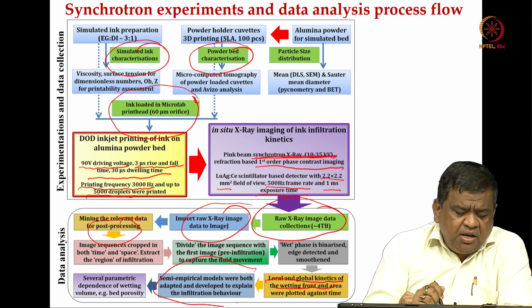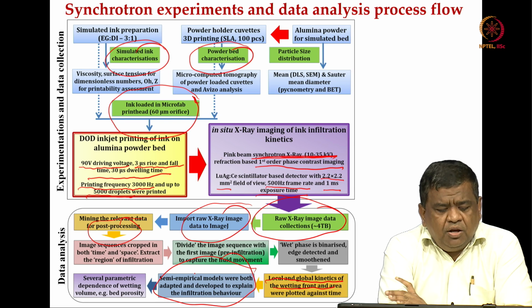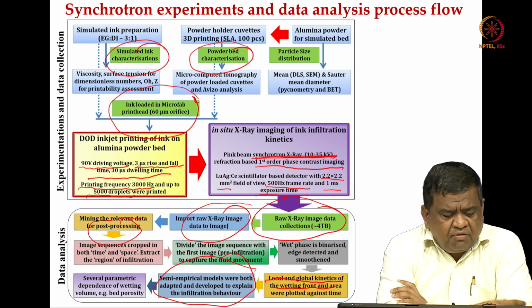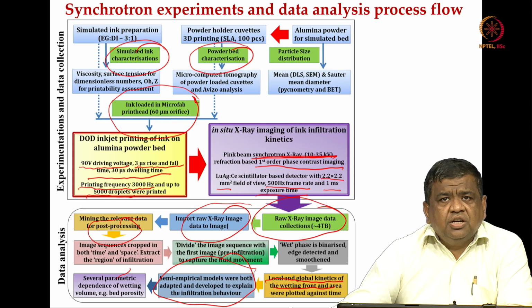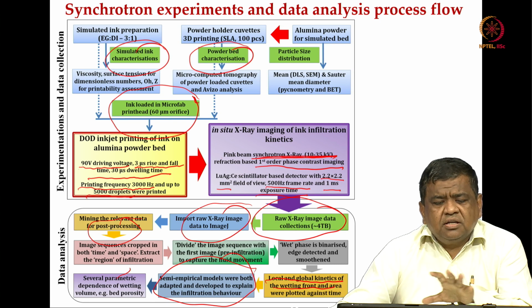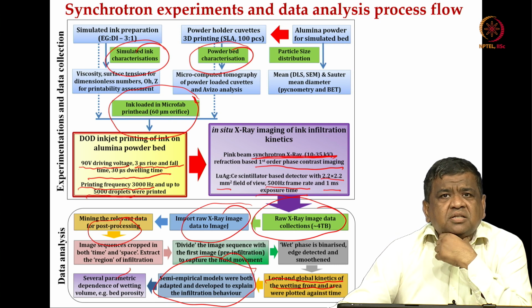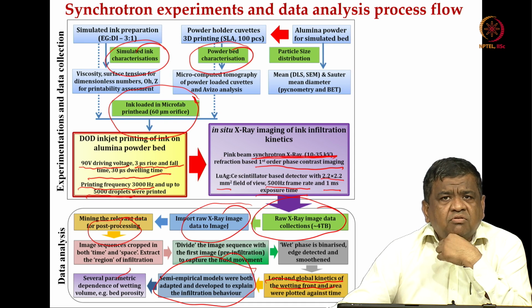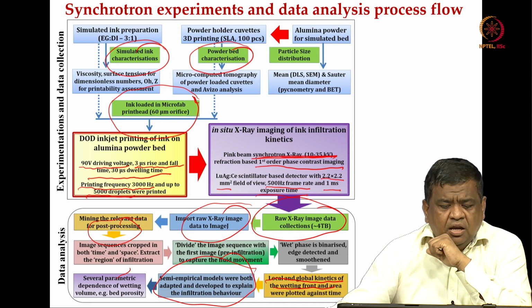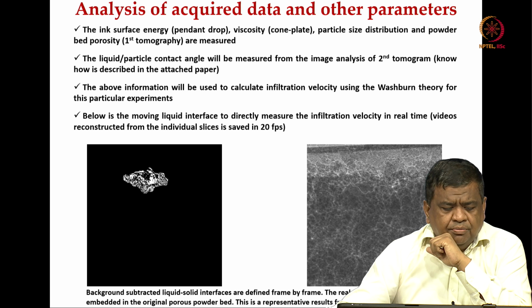Then some semi-empirical models were utilized to fit it, and several parametric dependences of the wetting volume, like bed porosity, were measured. So, as you can well realize from these kinds of experiments and data analysis, synchrotron experiments are the first step, but data analysis is far too time consuming.